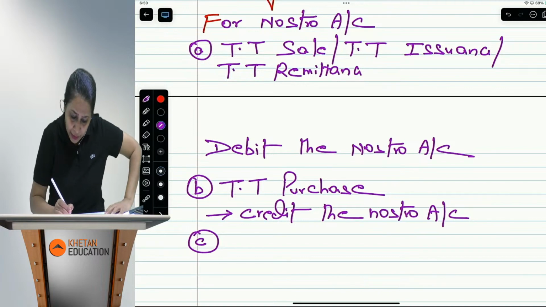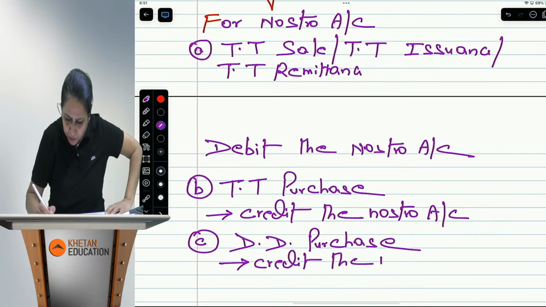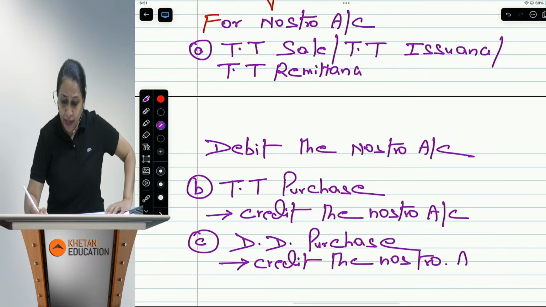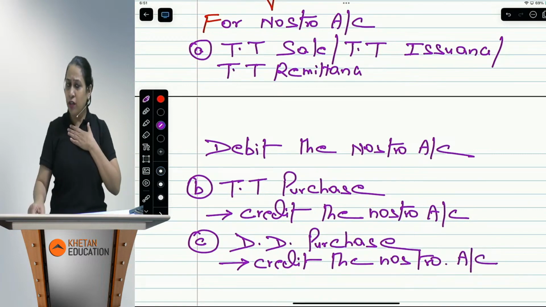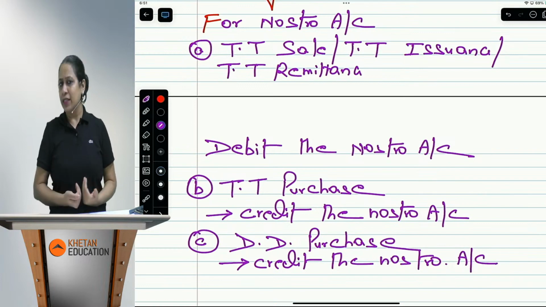So here then DD purchase, demand draft purchase. Again, credit the Nostro account. Why? Because again, suppose I have written a book. There is someone in the US who wants this book. $100 is the price.